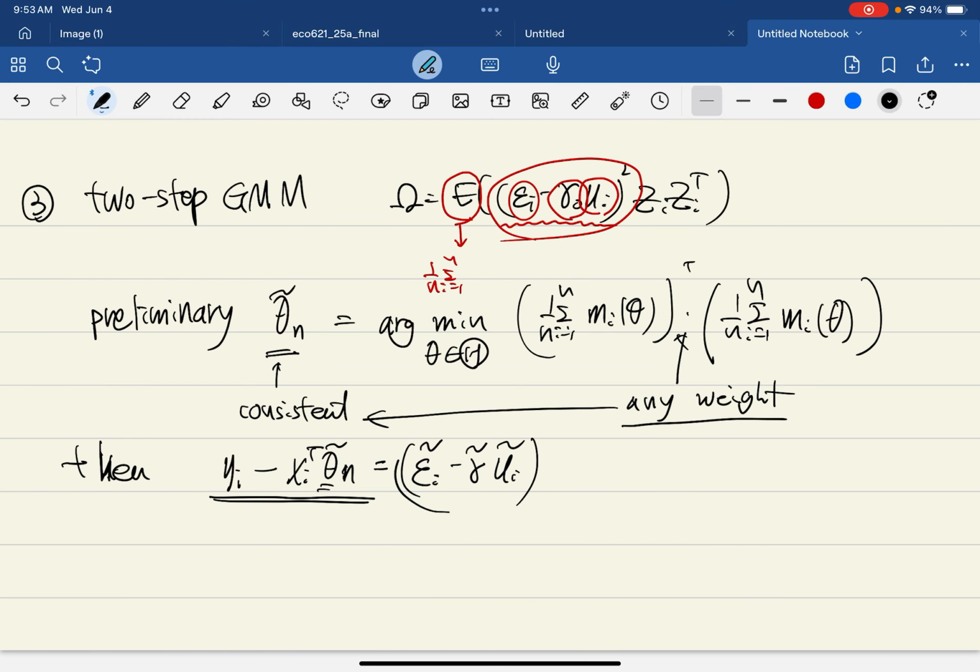So we can calculate this residual, and plug that in here.